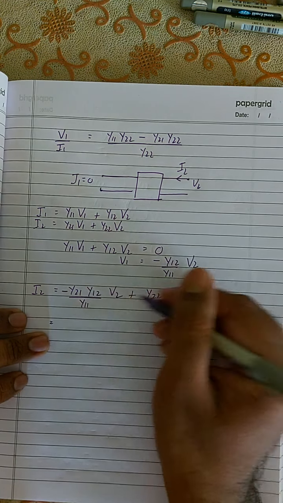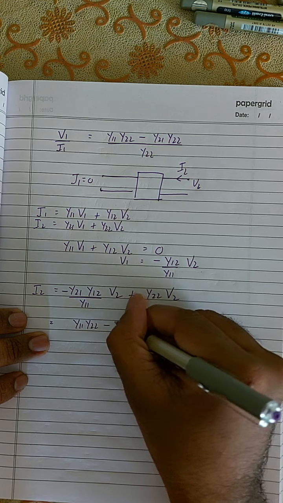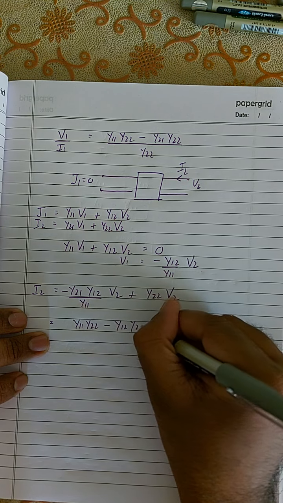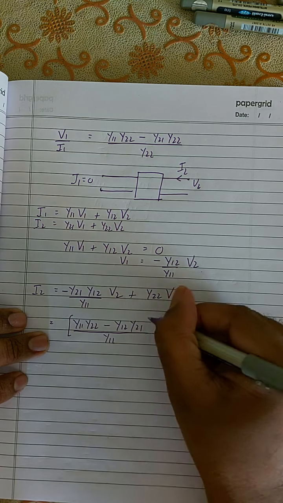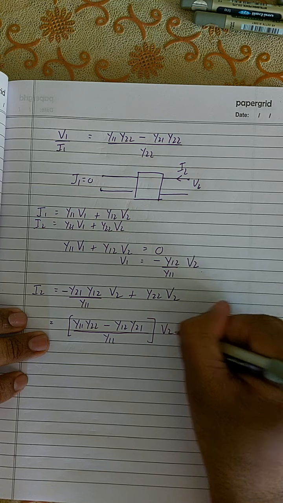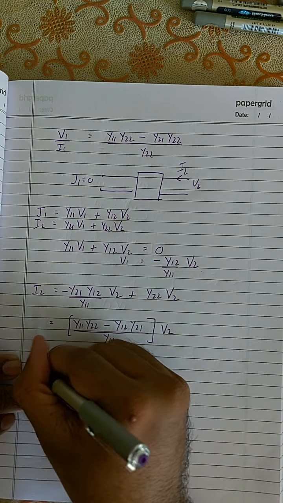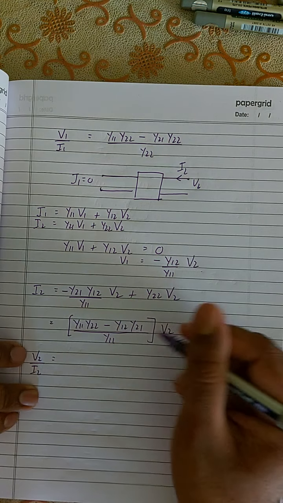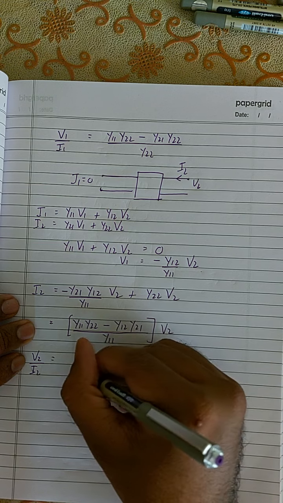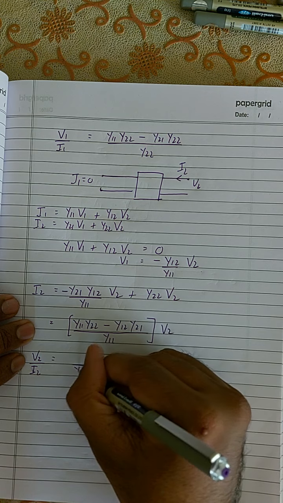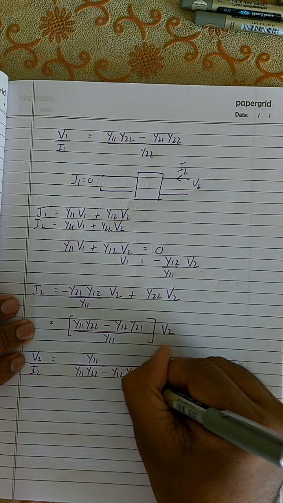This is equivalent to Y11 Y22 minus Y12 Y21 by Y11, into V2. So the ratio of voltage to current at the other port, keeping the first port open, is Y11 by Y11 Y22 minus Y12 Y21.